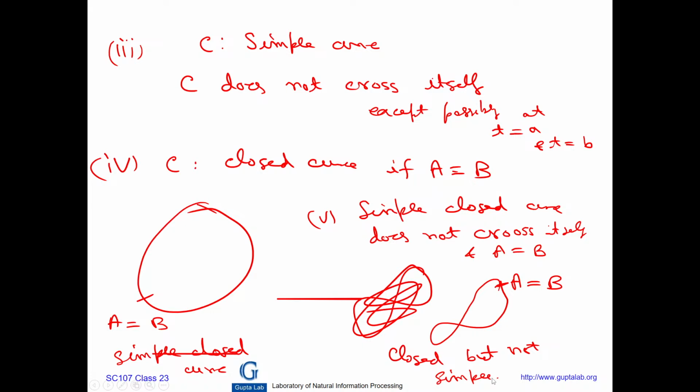Okay, so I think we are ready. These are some basic nomenclature they actually use: simple curve, simple closed curve. Now I'm going to use this nomenclature quite often when I'm going to integrate a function along some of these kinds of curves. Okay.